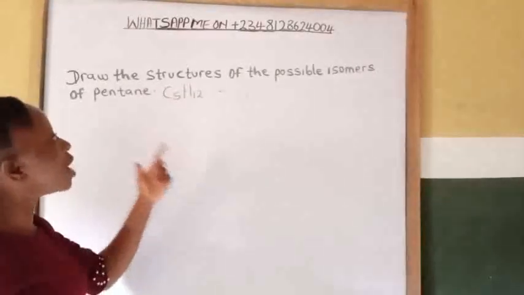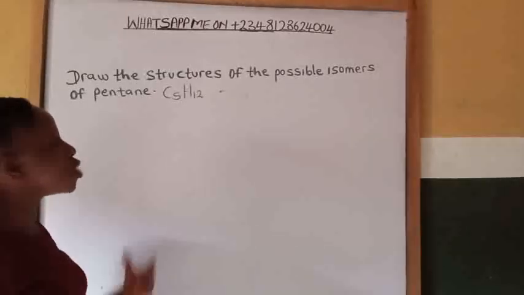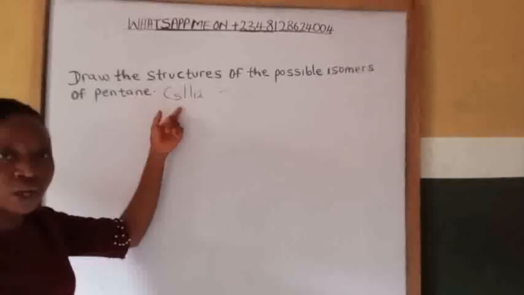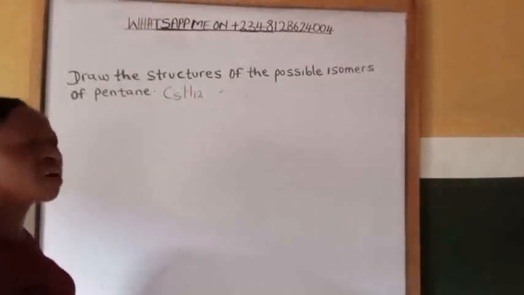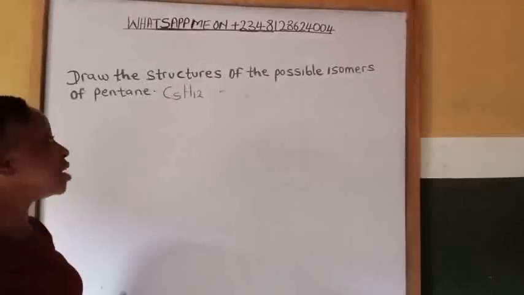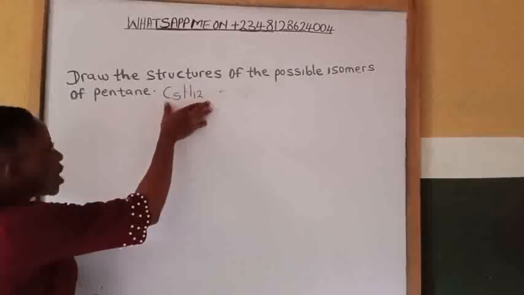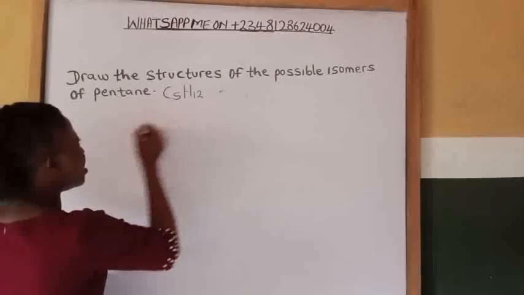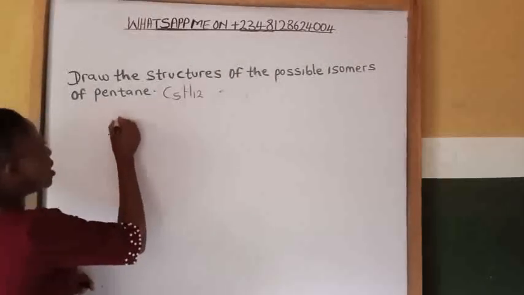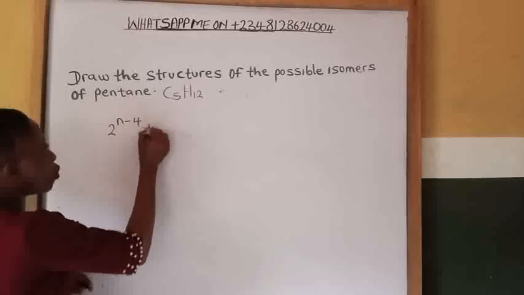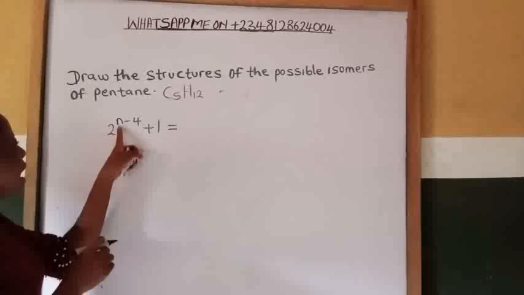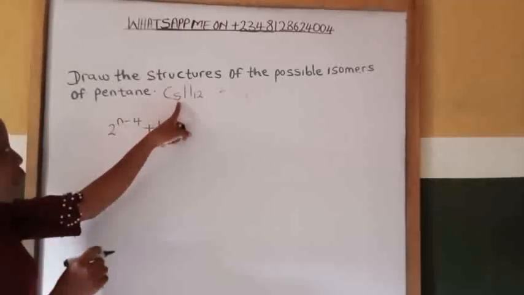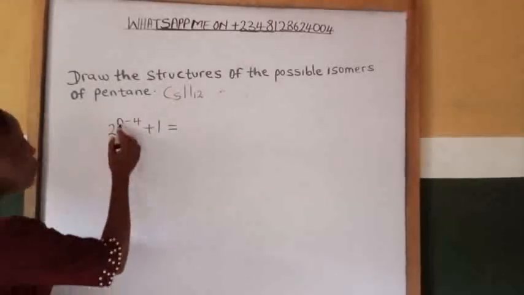Now, to know the number of possible isomers we can derive from this molecular formula, I'm going to use a formula method. The formula is 2 raised to power n minus 4, plus 1, where n is the number of carbon atoms. We have 5 carbon atoms.